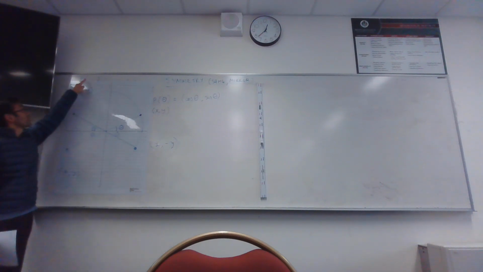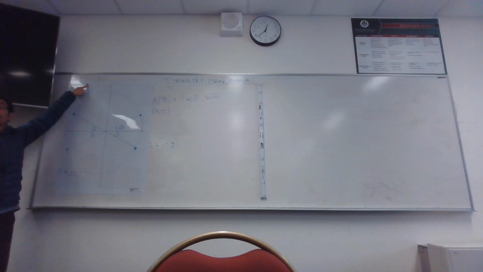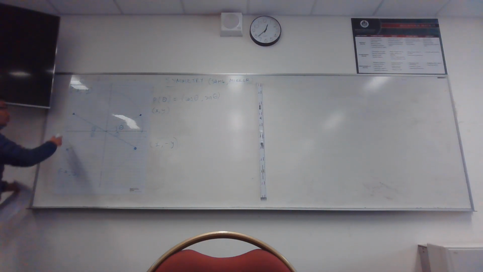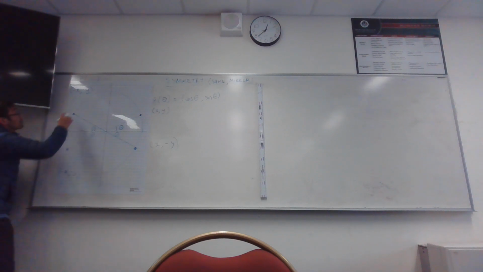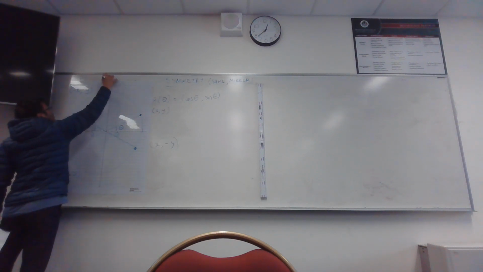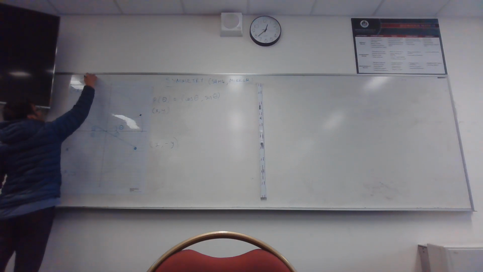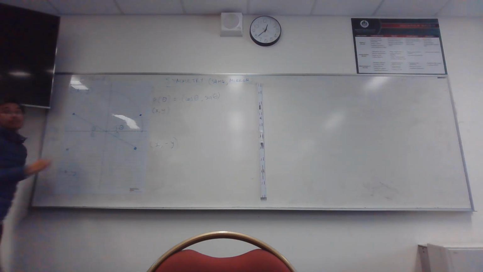Because this is not theta anymore. What is it? Okay. What's our reference point over here? 1 pi. It's pi, or 180. So therefore, 180 minus theta, or pi minus theta.